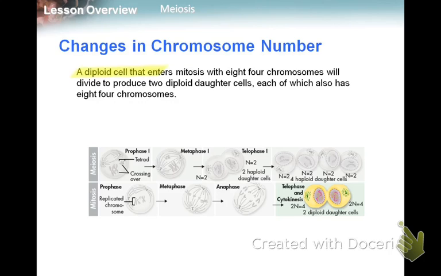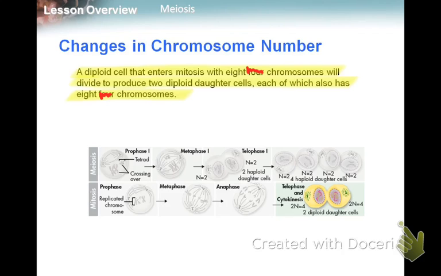A diploid cell that enters mitosis with 8 chromosomes will divide to produce 2 diploid daughter cells, each of which also has 8 chromosomes. We're going to use 8 as the example there.